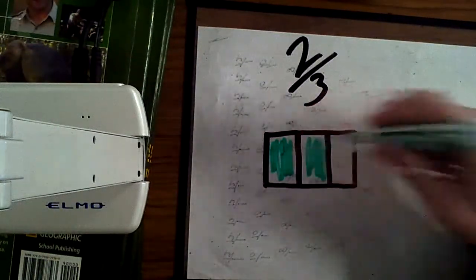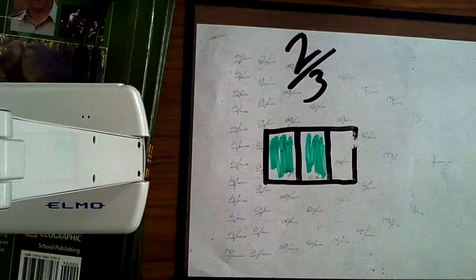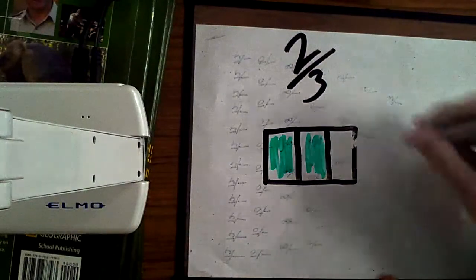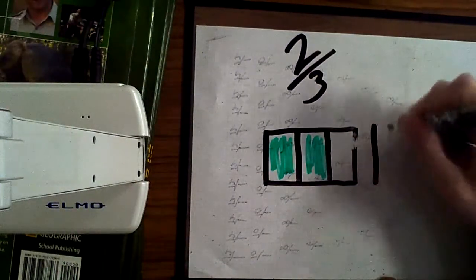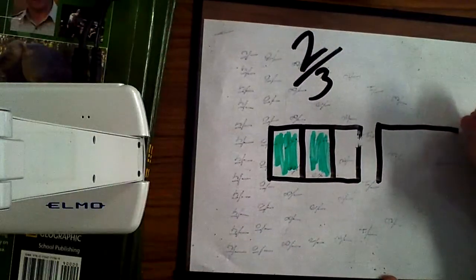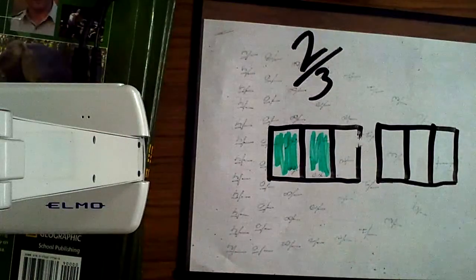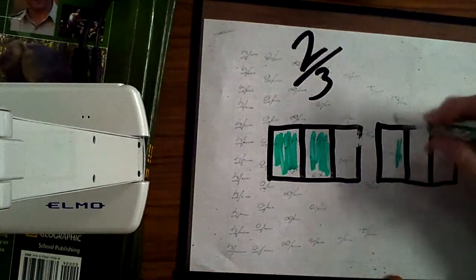So there we've got 2/3, right? Let's think. How could we change 2/3 to create an equivalent fraction? Let's make another rectangle. Same thing. Put it in the thirds, just like the other one. Color in 2 of them.